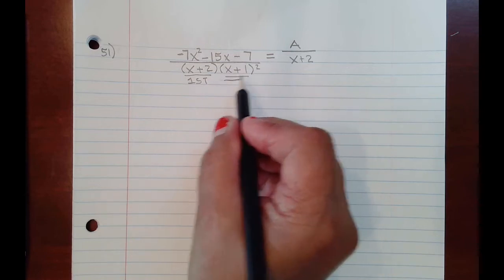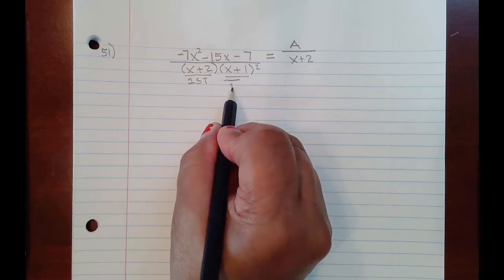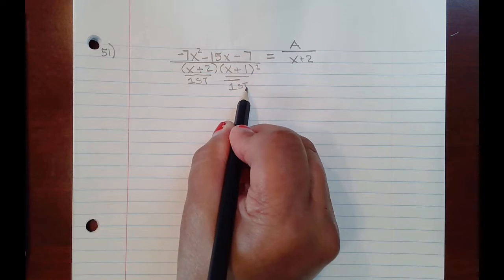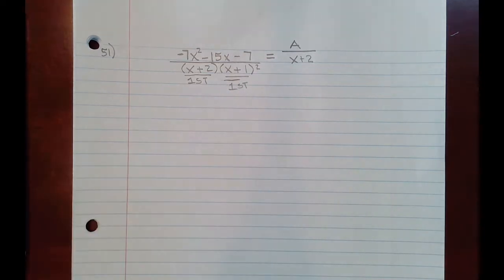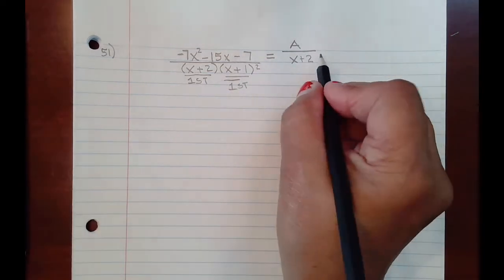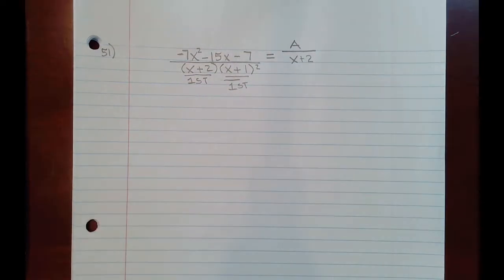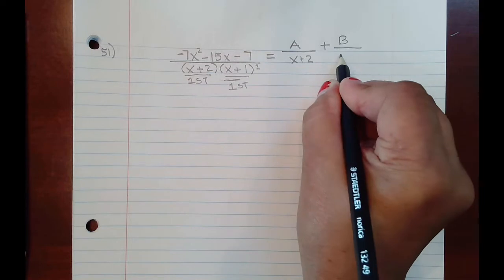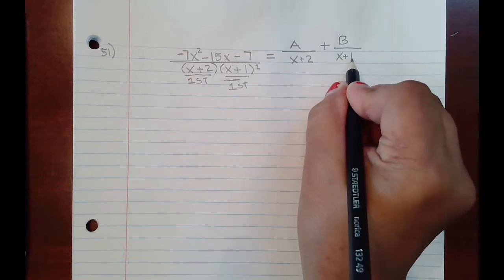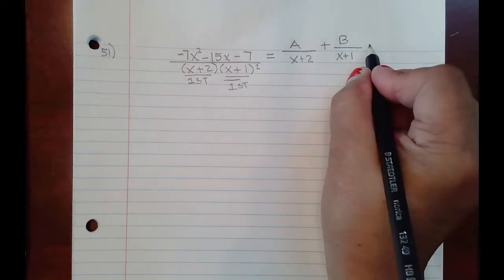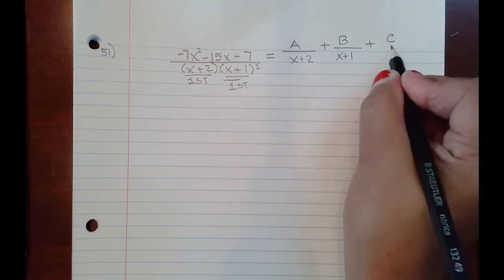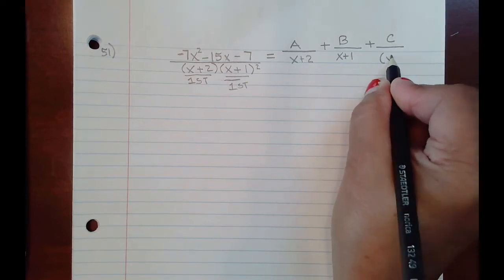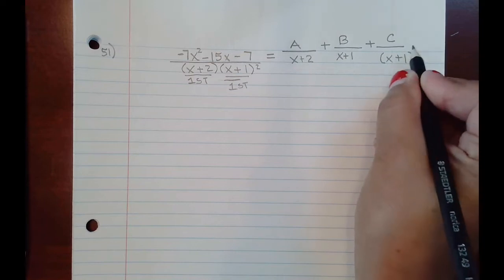In other words, what's inside the parentheses is first degree. So anything that you assign to it as a numerator has to be a constant. But when there's a repetitive situation going on in the problem, you have to build up to that power. So you're going to have a constant assigned to x plus 1 first to the first degree. And then use a constant again, but now you're building up to second degree.